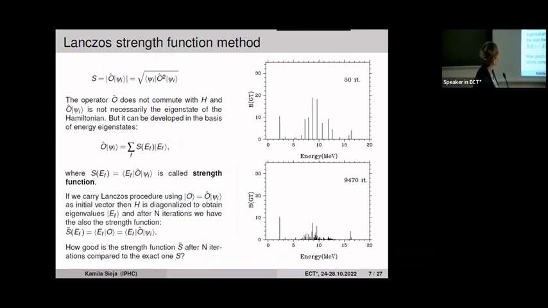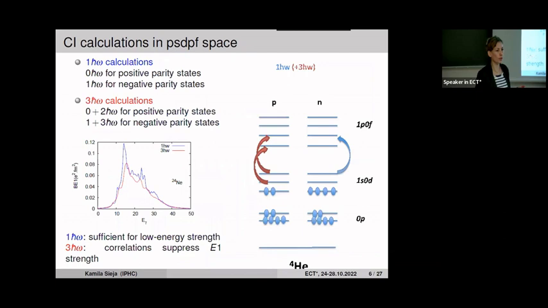You calculate what you call a sum rule state, and then you use this sum rule state as a pivot for starting the Lanczos diagonalization procedure, and this will give you the strength distribution. The advantage of this method is that it gives you the distributions in the whole energy range that is covered by the given configuration space.